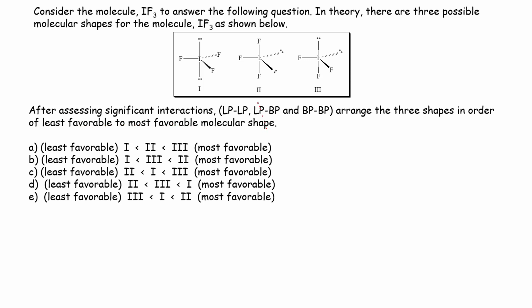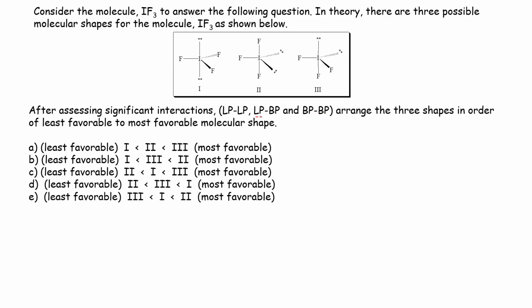Okay, so now let's take a look at the 3 shapes. We have to clarify a couple things here. Number 1, lone pair repulsions, that's the strongest. And then bonding pair repulsions or interactions, that's the weakest.